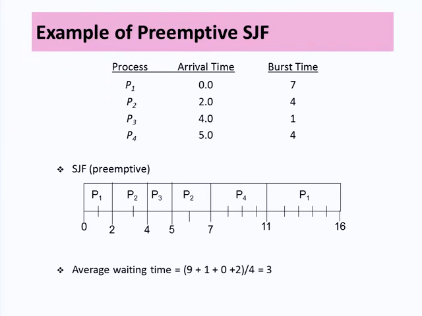Okay? Now, you are to calculate the waiting times. P1, what's the waiting time? Look, P1 took its first chunk at the time it arrived, at t equals 0, it started the service. However, it did not finish.